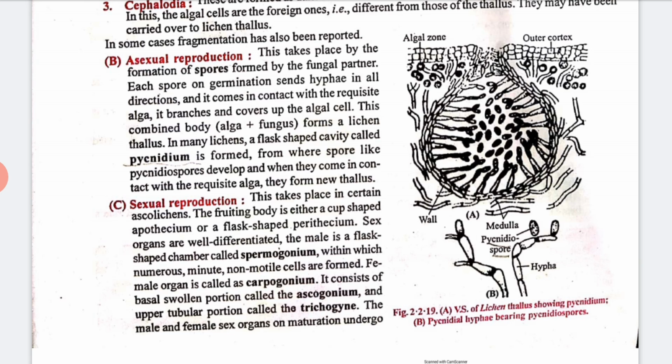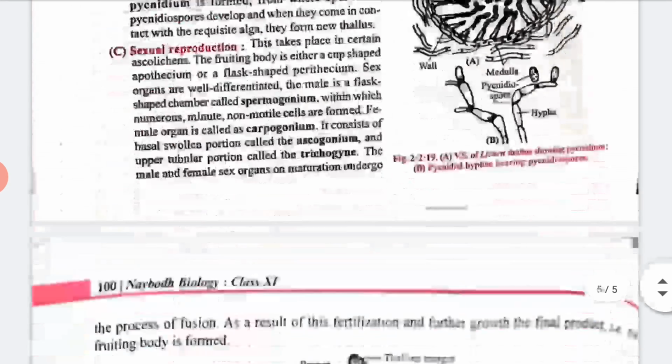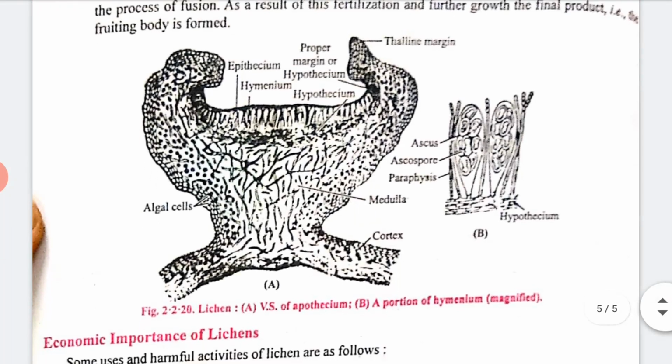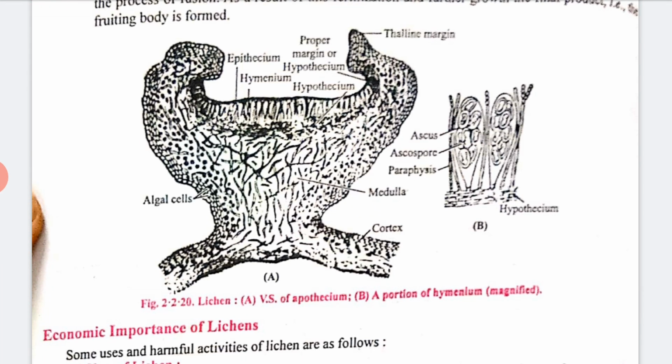It consists of a basal coiled portion called ascogonium, and the upper tube portion is known as trichogyne. Clear? See this picture of the lichen; you can see a portion of the hymenium also.